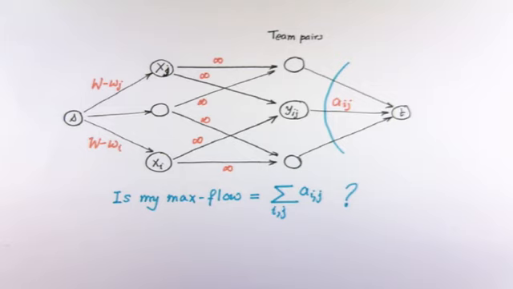And so, if the max flow is equal to sigma of Aij, then I know that my team x can still win. Right?